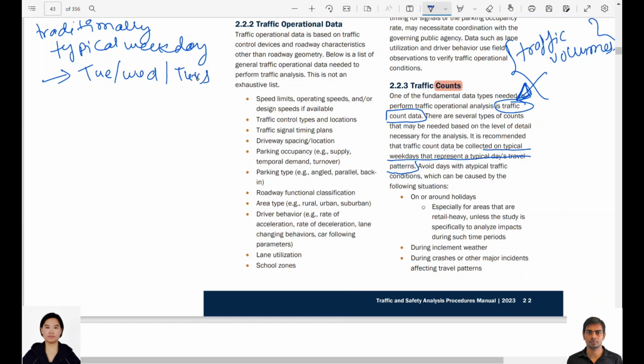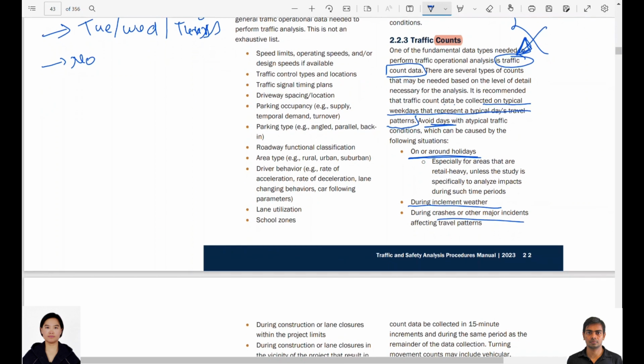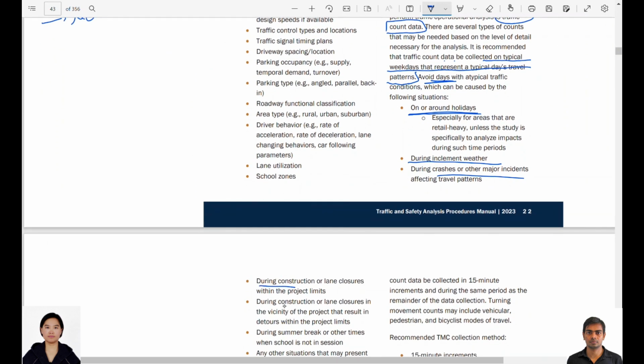Under regular driving conditions, which means no accidents, which is mentioned below here. So we avoid days which are around the holidays, or during inclement weather, or during crashes on the roadway, and there are some more on the next page, or during construction or lane closure or during summer break.